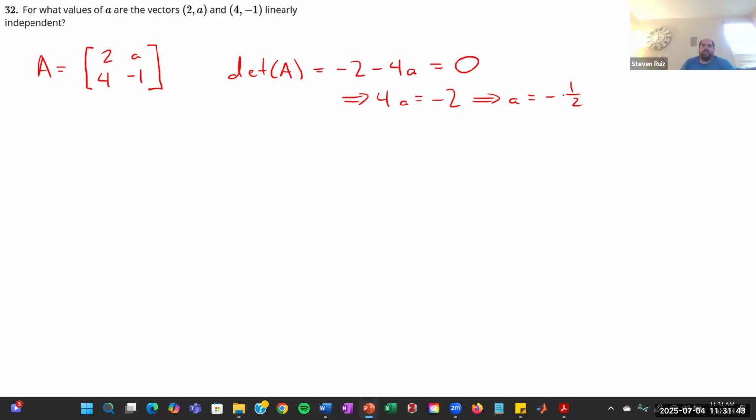So when A is equal to negative 1/2, this matrix is linearly dependent. The condition under which it's linearly independent is if A is anything else but negative 1/2. All right, that is all for section 3.1.